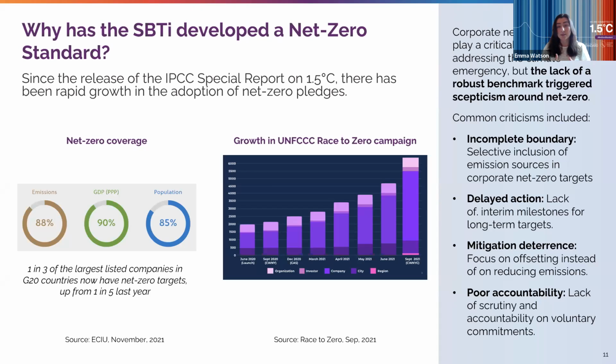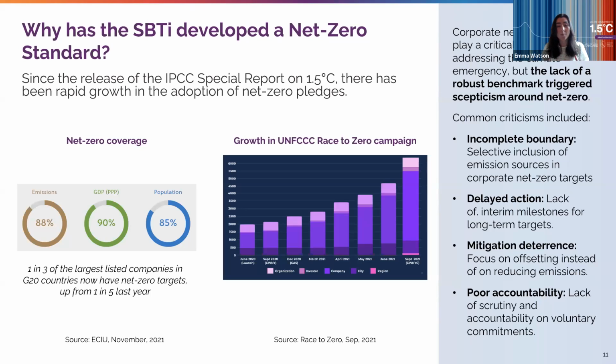Another key criticism of the concept of net zero was that it was allowing delayed action. So having a long-term target without interim milestones along the way didn't really hold these actors accountable for what they needed to do to actually reach net zero.